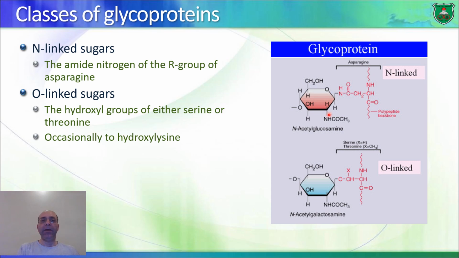O-linked sugars are associated with the hydroxyl group of either serine or threonine. When we talk about collagen as an example of fibrous proteins, you will learn that sugars are associated with a modified lysine known as hydroxylysine.